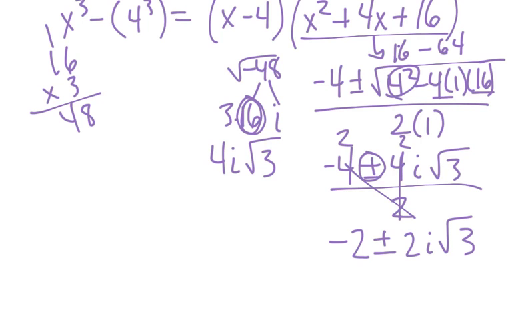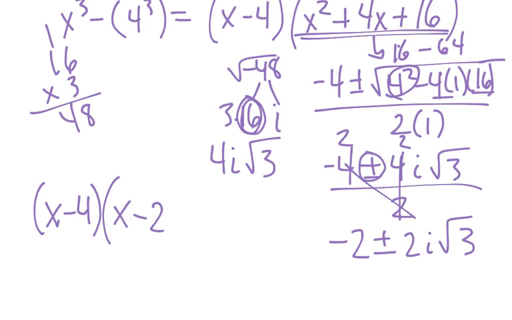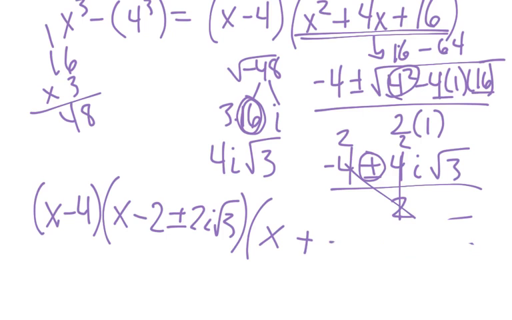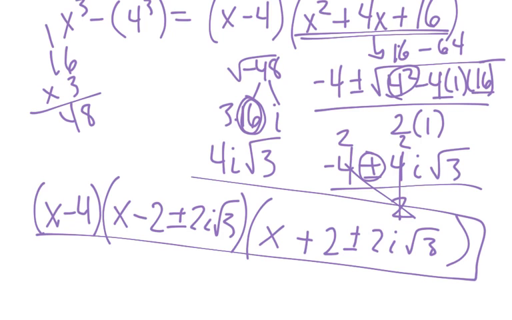If we turn those into factors, we have x minus 4 times x plus 2 plus or minus 2i root 3 times x plus that whole thing, because we've got two of them. So there's our factored form.